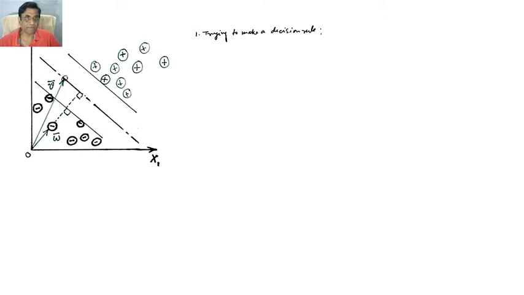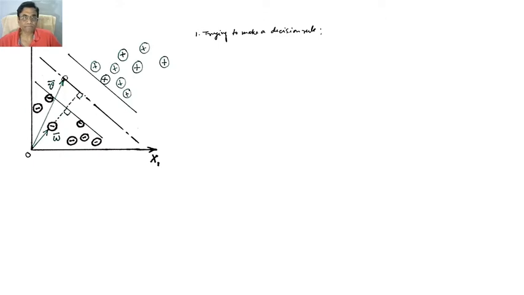And these are my support vectors. Say somehow I know this. And these are my gutters, and w is perpendicular to the gutter, and therefore also perpendicular to the decision boundary or decision line.